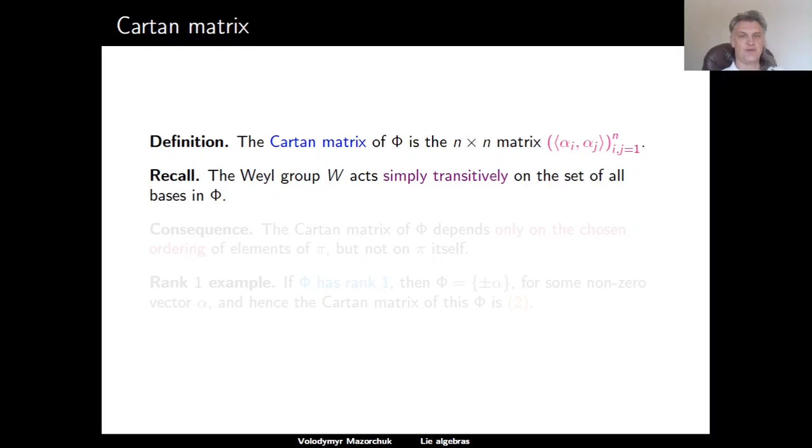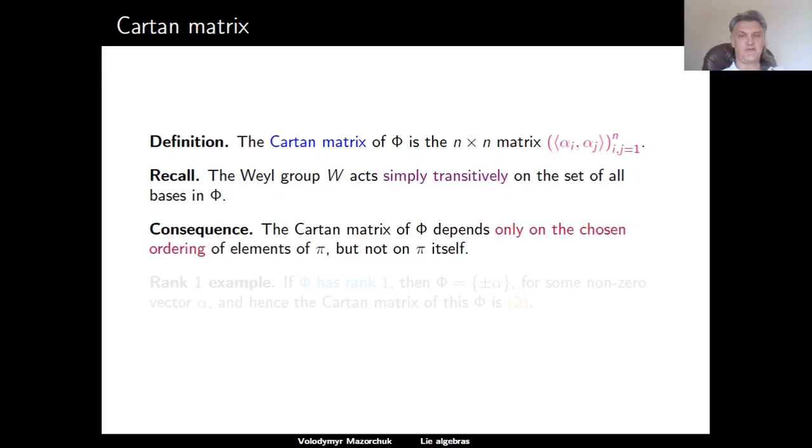We saw on the previous lectures that the Weyl group W acts simply transitively on the set of all bases. Moreover, it acts by orthogonal transformations, that is, by transformations which preserve the scalar product. It follows that the Cartan matrix of Φ depends only on the chosen ordering of the elements in our basis Π, but not on Π itself.